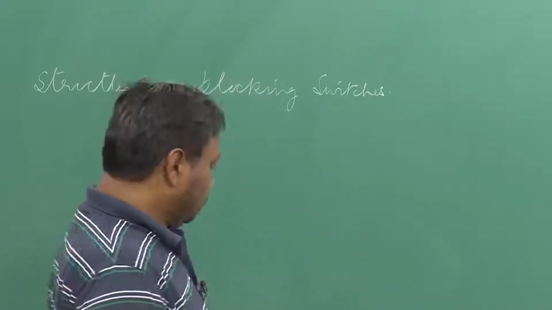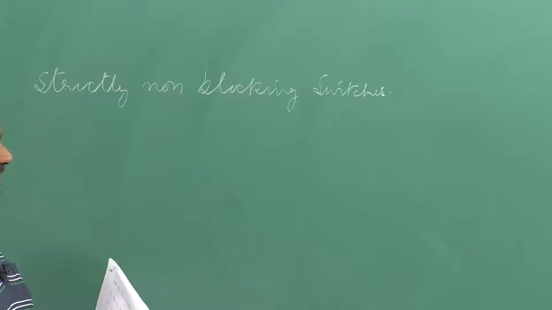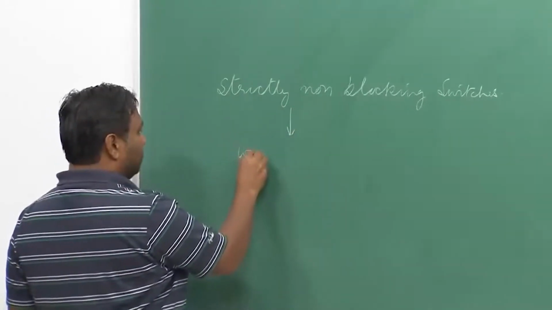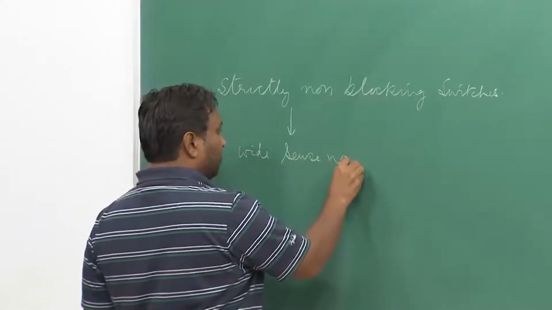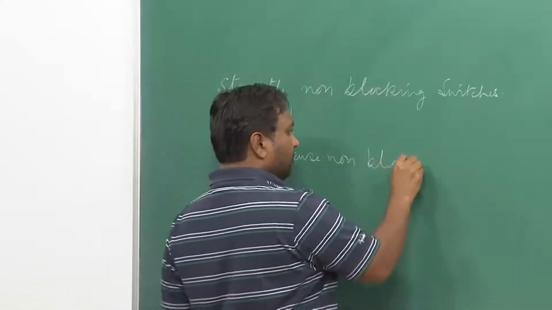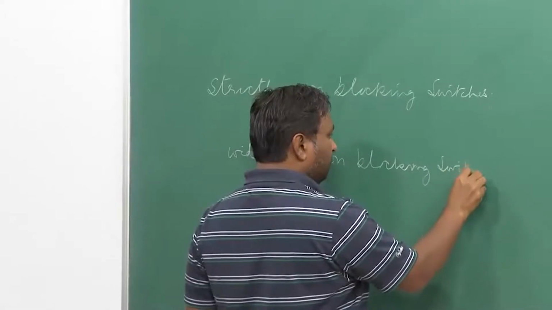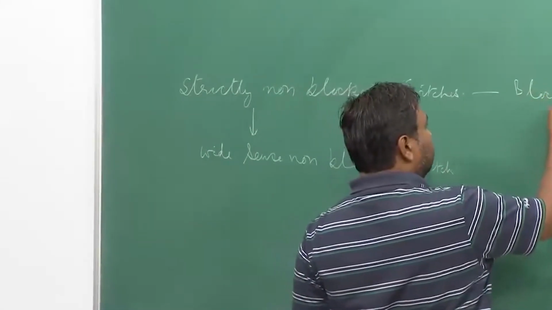Okay. So, the important thing now is the method which I will be using. We are now moving from strictly non blocking to wide sense non blocking. Here blocking states are not there.